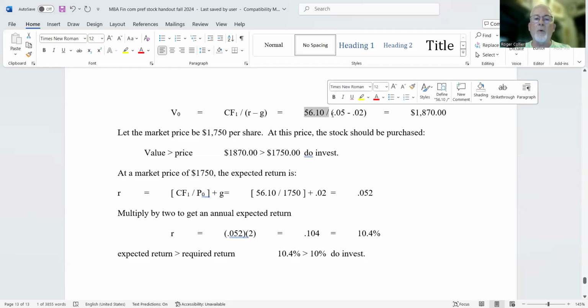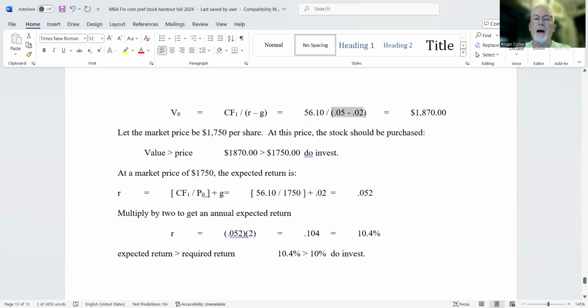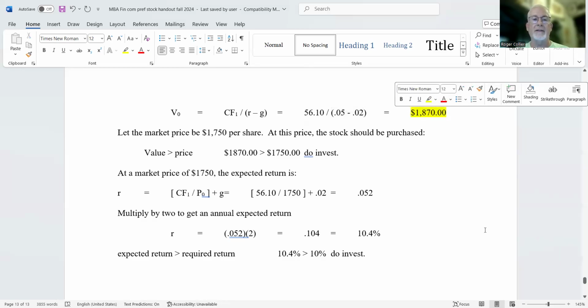Divide it by the required rate of return minus the growth rate, both of them adjusted for semi-annual. Right? The required return is 10% a year, but 5% semi-annually. Growth is 4% a year, but only 2% semi-annually. I do the calculation and I get a value of 1,870.